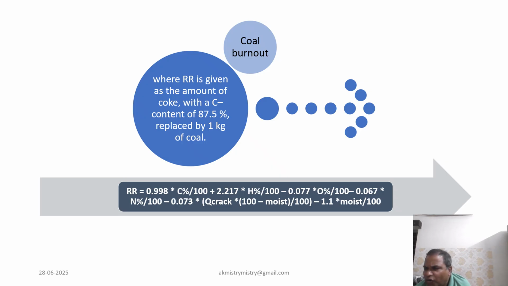This tells us how much coke with 87.5% carbon content is replaced by 1 kilogram of coal. This slide sets the stage for understanding efficiency in steel production. Let's jump into details.